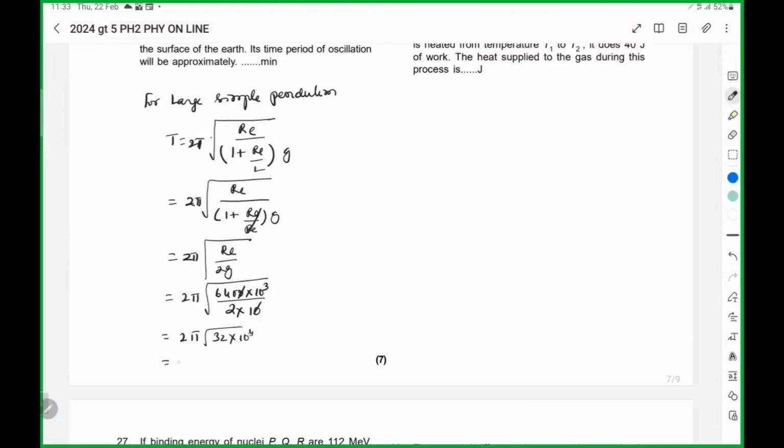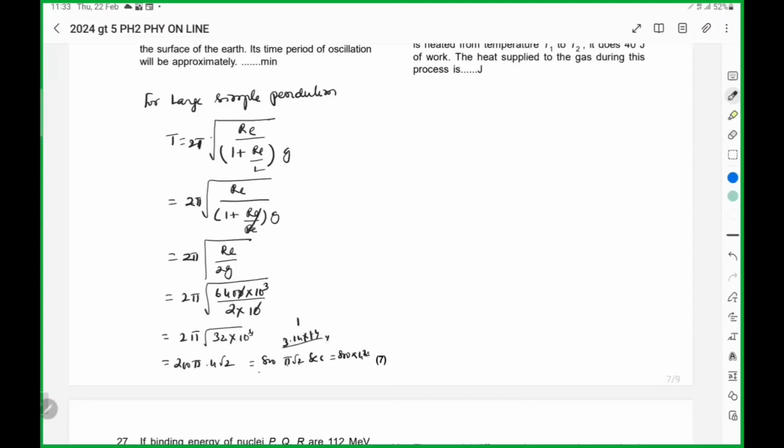So 10 square into 2, 200 pi, root 16 into 2, 4 root 2. So which is 800 pi root 2 seconds. So in terms of minutes, pi is 3.14, root 2 is 1.4.